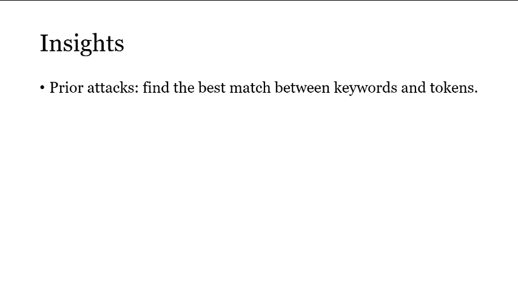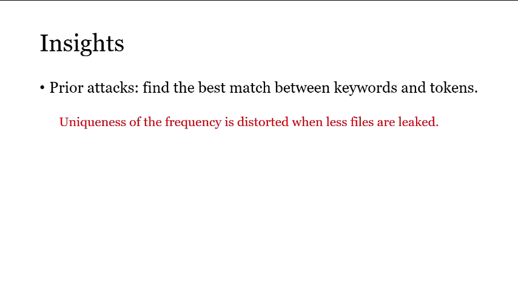To provide some insight into why our attacks work better: the two prior attacks rely on the leaked files to build a frequency distribution of all the keywords and try to find the best match between the keywords and the tokens on the frequency information. However, this best match will soon be distorted when fewer files are leaked.